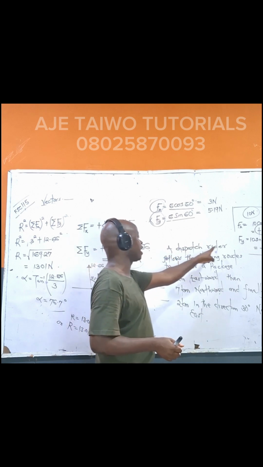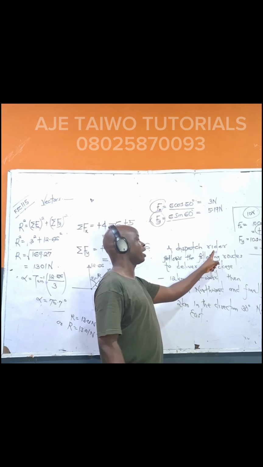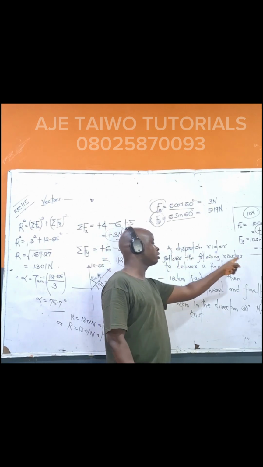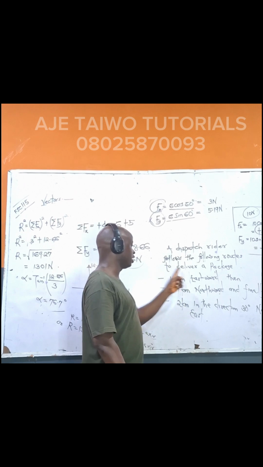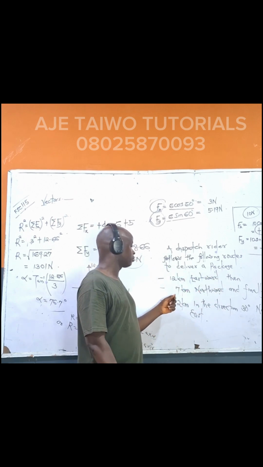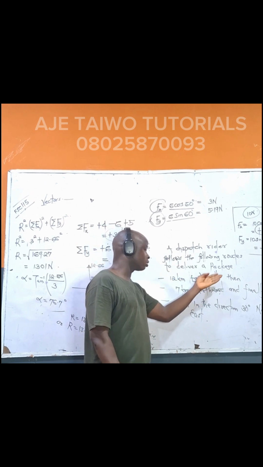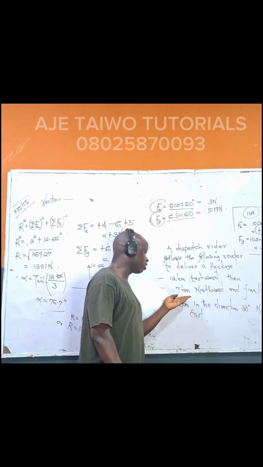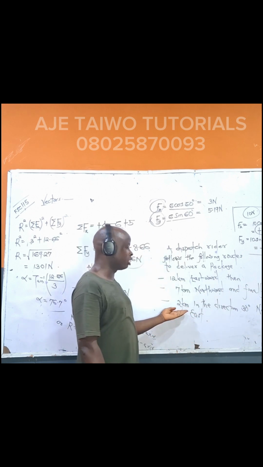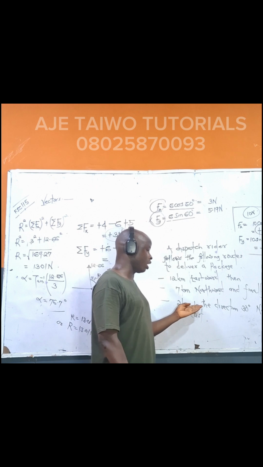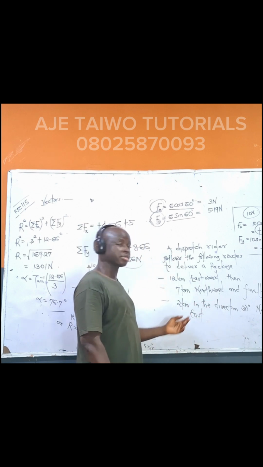A dispatch rider follows the following route to deliver a package: 12 kilometers eastward, then 7 kilometers northward, and finally 2 kilometers in the direction 30 degrees north of east.